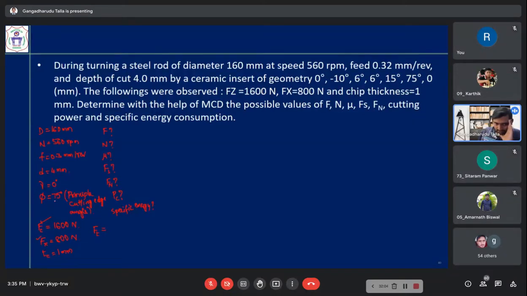So here we know the principal cutting edge angle is 75, and I have just shown you that Fx is equal to Ft into sin phi, where phi is equal to the principal cutting edge angle.